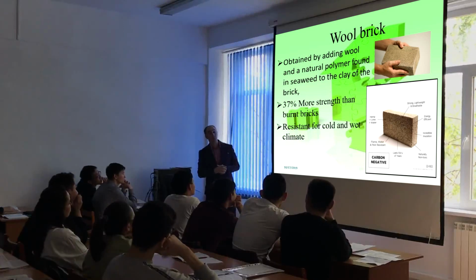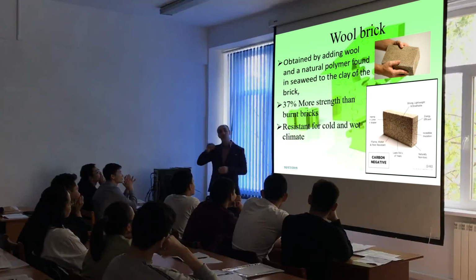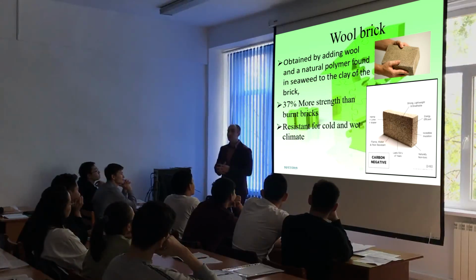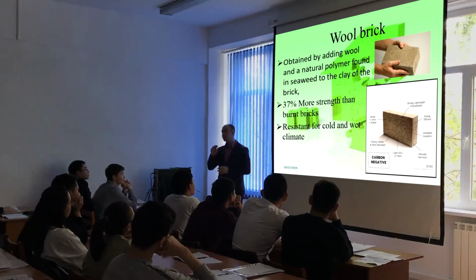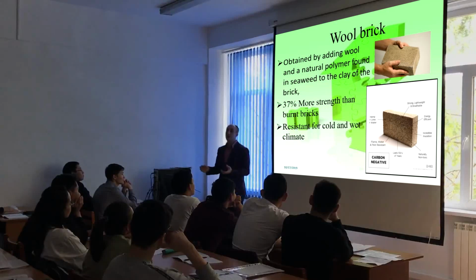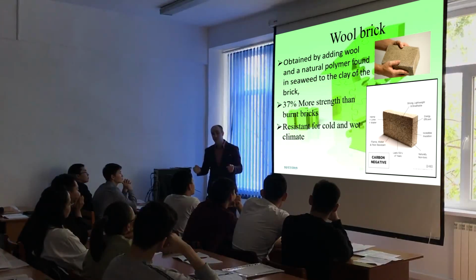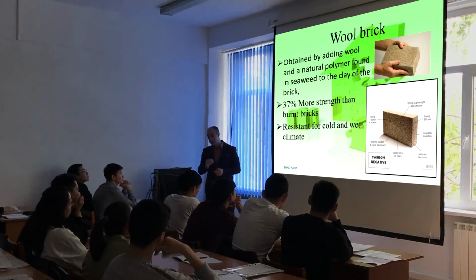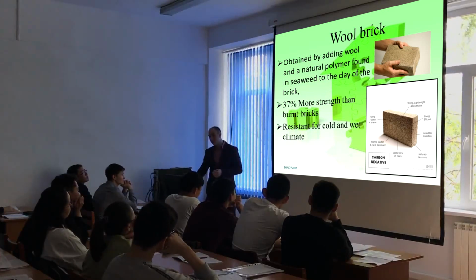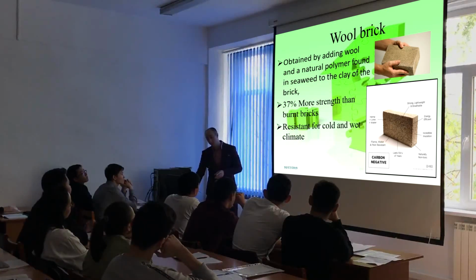So how can it help us? It can reduce the thickness of the wall, for example if the wall is bearing, because the strength of this wall is higher than traditional materials. And of course it will reduce the number of bricks, and in general it will reduce the cost. And of course it will be another step to create an eco-friendly building, resistant to cold and wet climate.